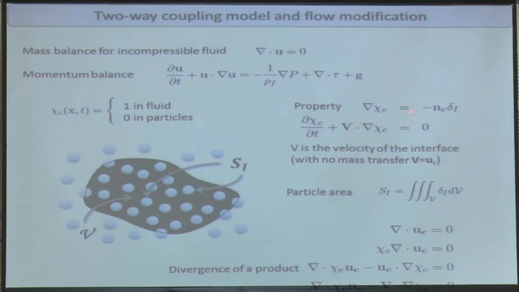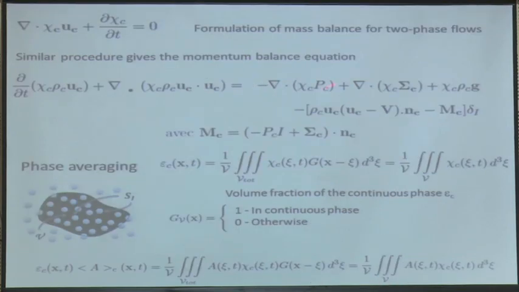We have a function chi, which is actually an indicator. If you are at a point inside a particle, it is 1. If you are in the fluid, it is 0. So it's a way to discriminate whether you are at a position with particles or without particles. Then you make an average of what is going on in the mass balance and momentum balance equations.